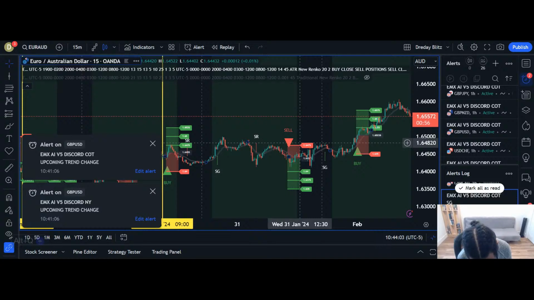Next week is going to be stable because this week is really exceptional: you have the end of the month, the beginning of the month, you have NFP, you have everything all in one week. So that's why the market is what it is right now.